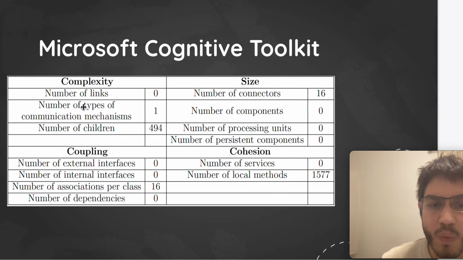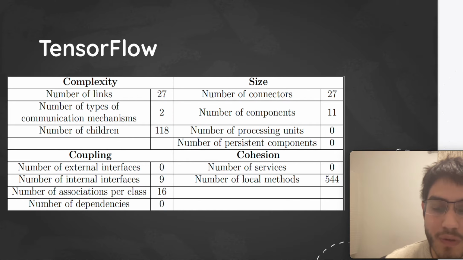As we compare here with TensorFlow, we have even more here, and also more local methods. It's just a lot of local methods compared to TensorFlow, but we still have 16 associations, the number of coupling per class.